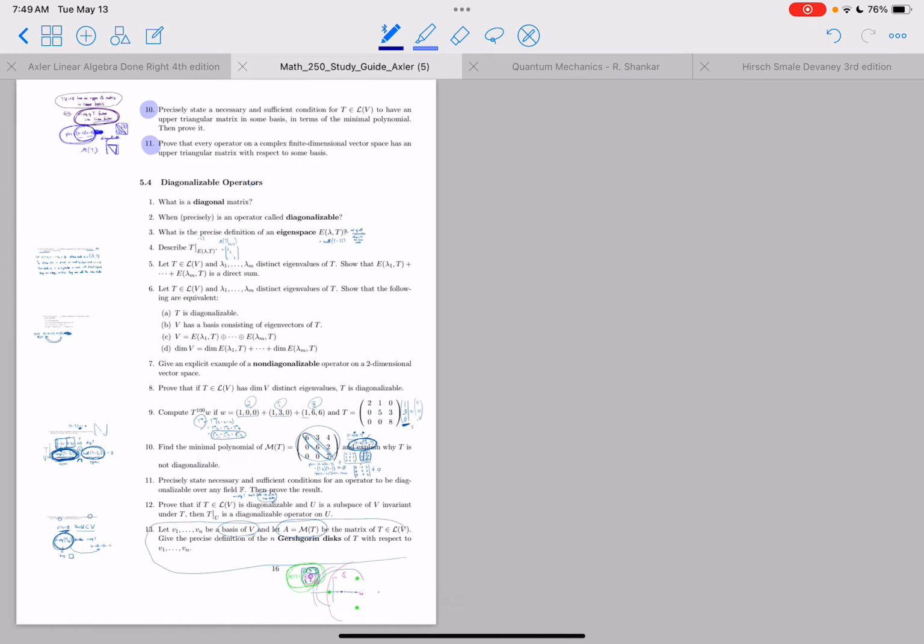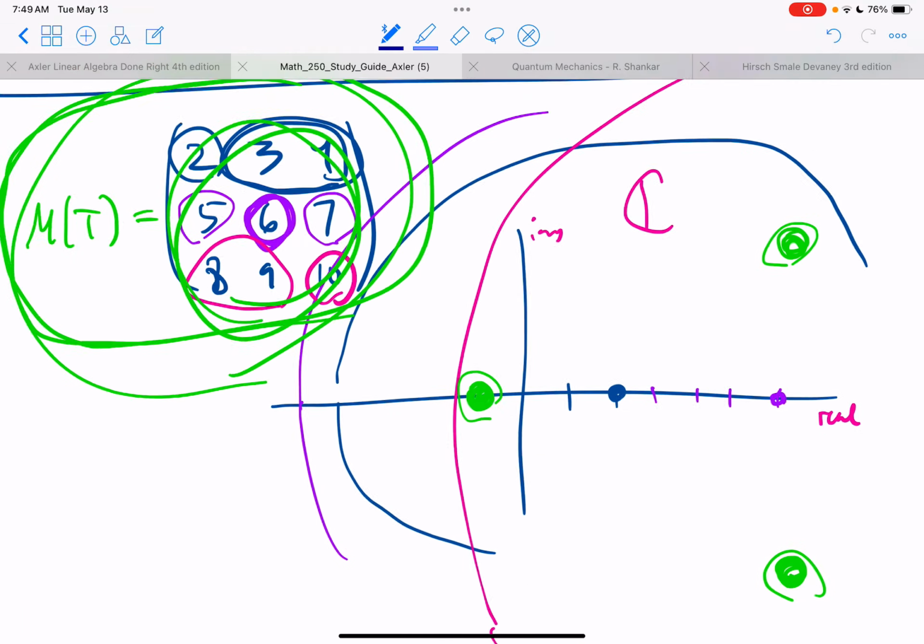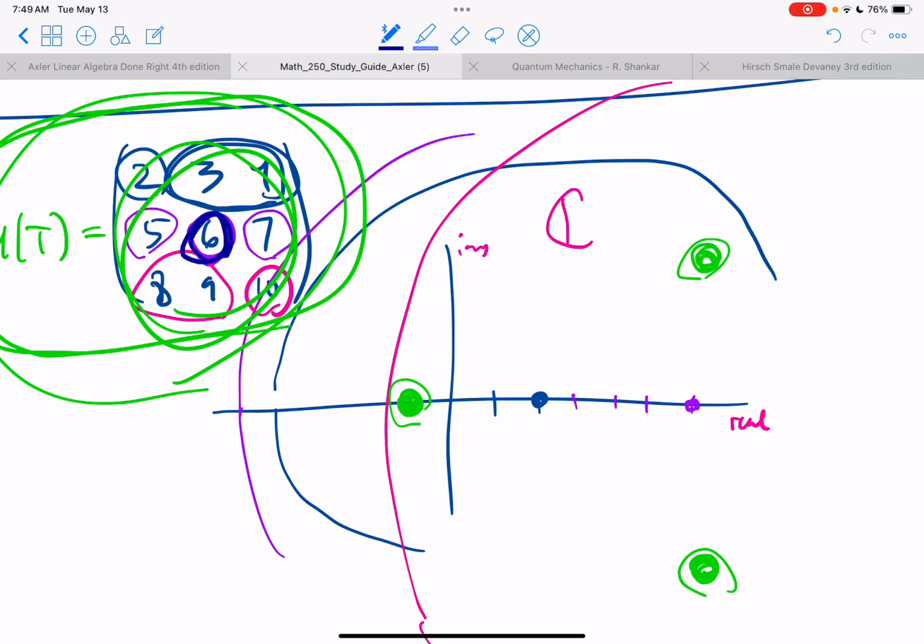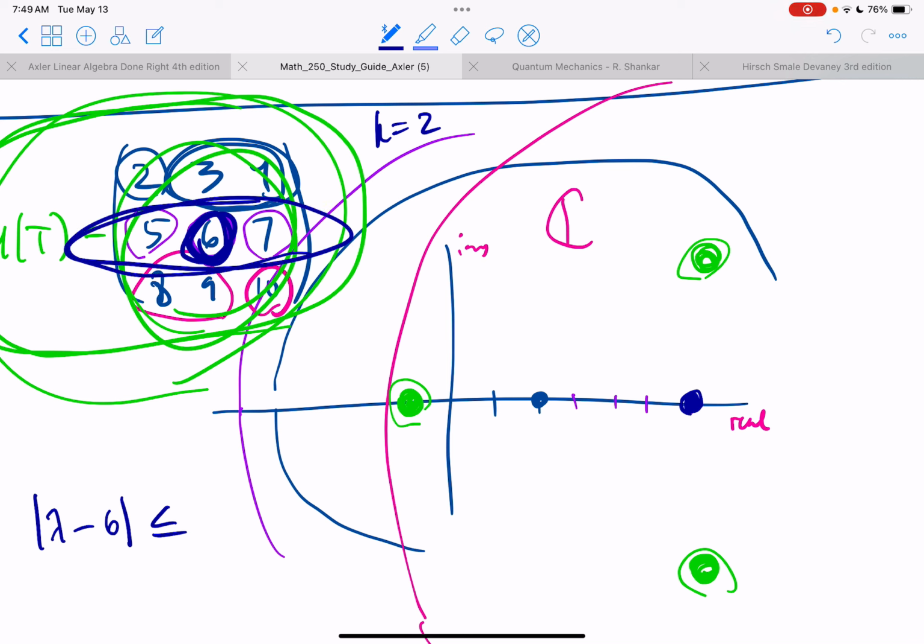So that's how, when I went over here and I looked, let's say I looked at the 6, that was k equals 2. It's the A22 entry. And so I went here and I put my center of the circle at 6, and now I know that lambda minus 6 is less than or equal to the sum over i not equal to k, so that's 5 and 7.